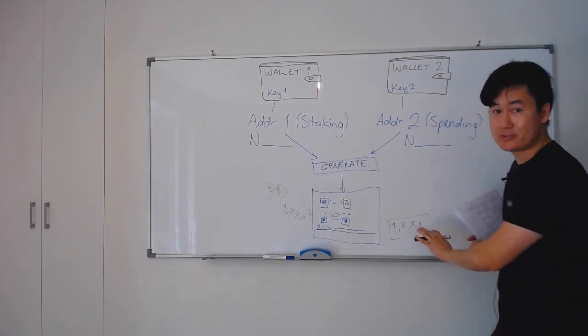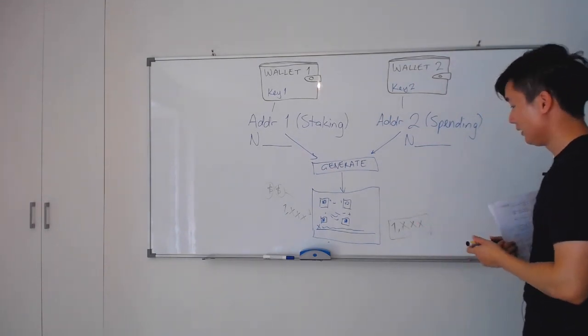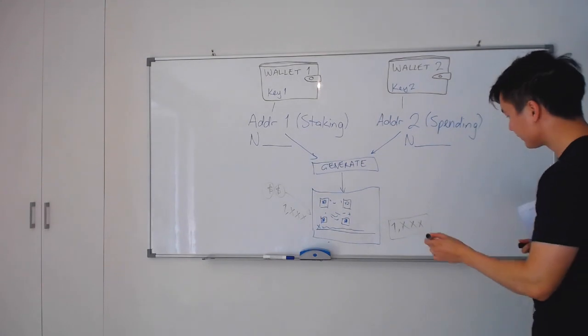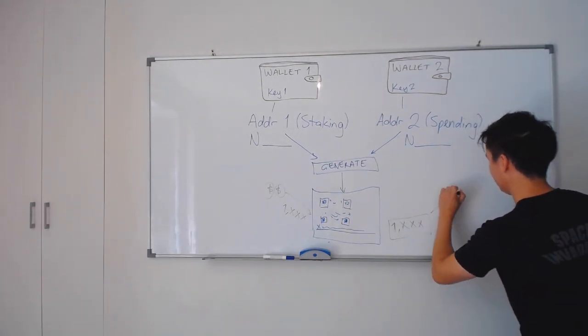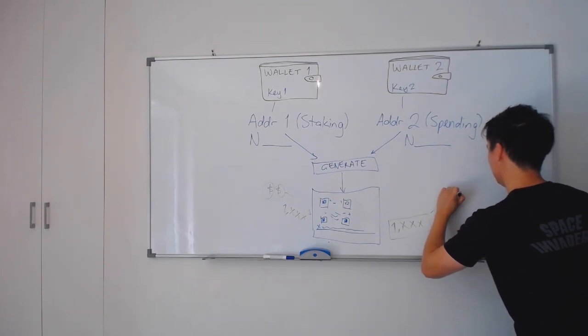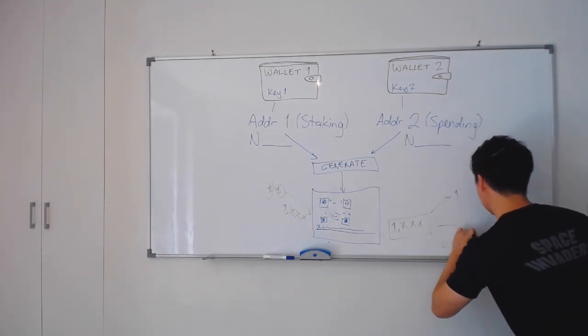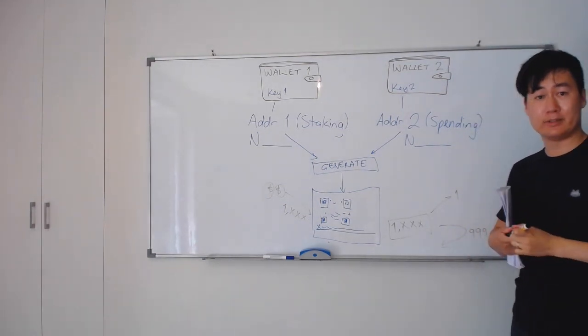If you do try to spend out of this large denomination, for example, if you just send 1 NAV or a portion of this, what you'll do is you end up spending 1 NAV and you'll receive the change back. So all 999. You'll receive the change back.